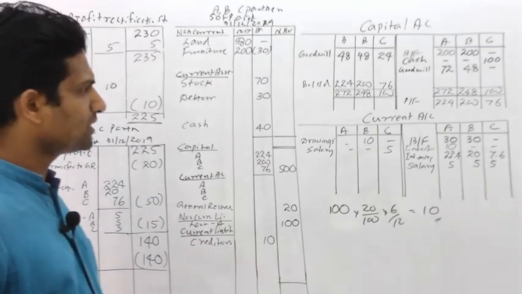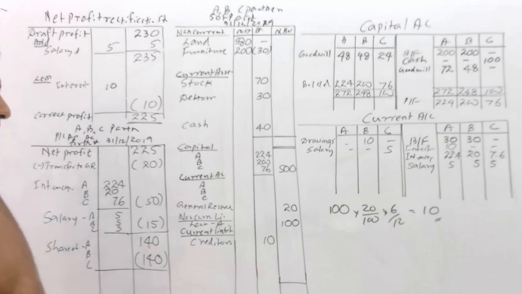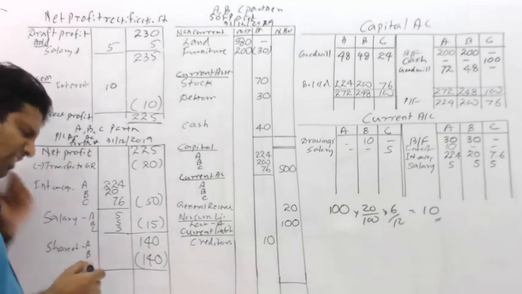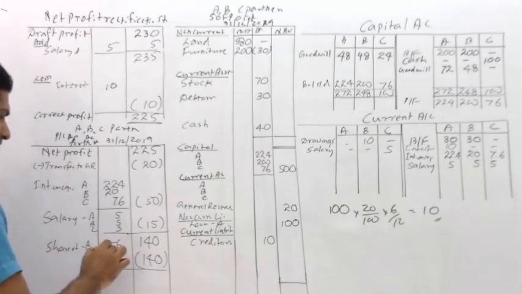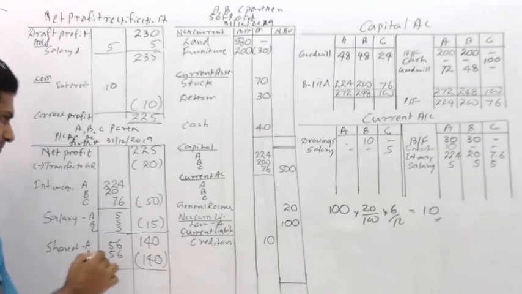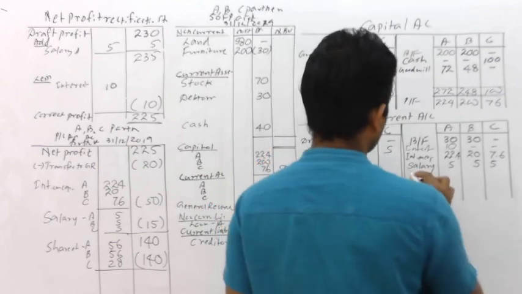Then the ratio is 2:1. We can get 56 and 28. Credit goes to partners' current accounts, share of profits.